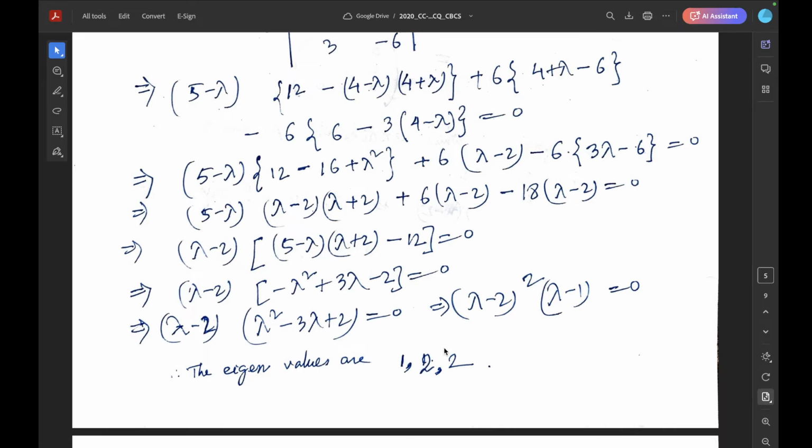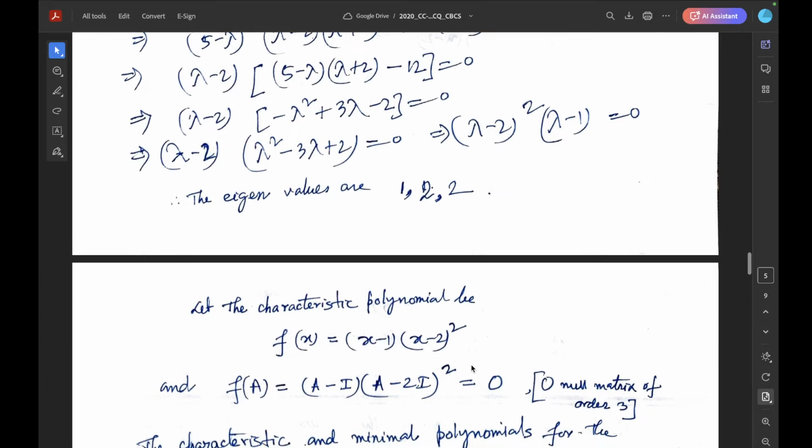So the eigenvalues are 1, 2, 2. Let the characteristic polynomial be f(x), equal to (x minus 1)(x minus 2) whole square. Obviously f(A), if we put matrix A in place of x, is (A minus I)(A minus 2I) whole square, equal to the null matrix.